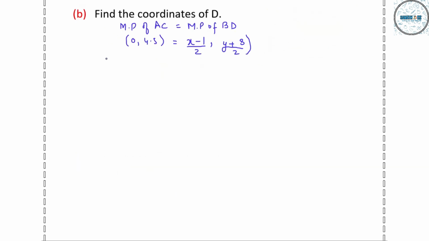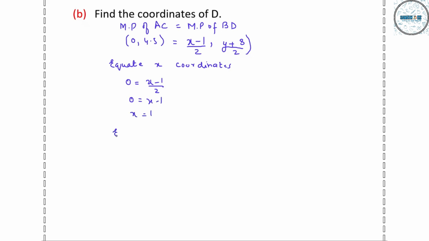Now we will equate X coordinates to find out the value of X. So 0 is equal to (X minus 1) upon 2. So 0 multiplied by 2 is 0. So X minus 1 is equal to 0 and X is equal to 1.